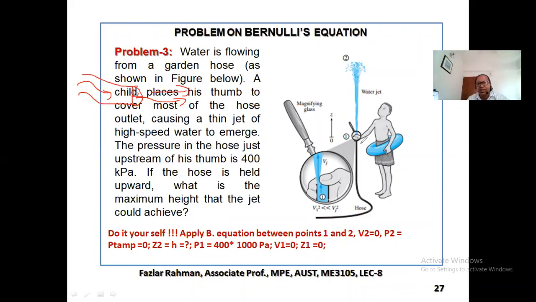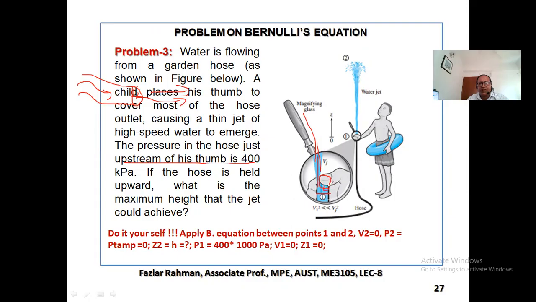So if he's holding this plastic hose and covers up some portion, this is the cross section showing over here. So this is the diameter of the tube or hose, and he covers up some portion, right? This much portion is covered up with the thumb, and through this narrow region water is coming out with high speed, and it's saying just upstream of his thumb pressure is 400 kilopascal.